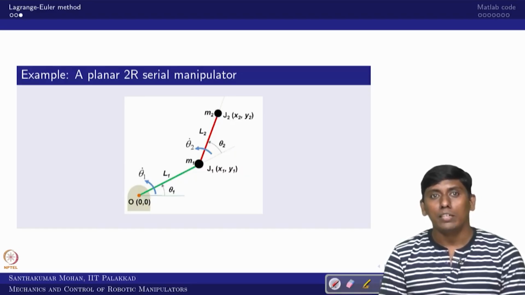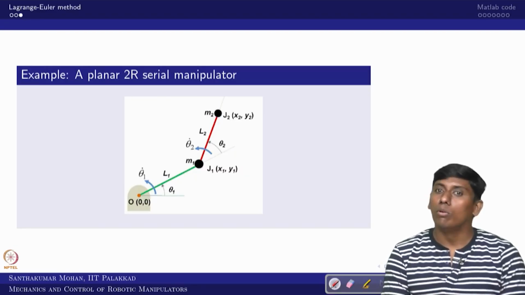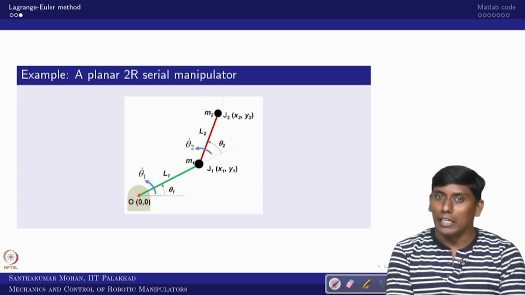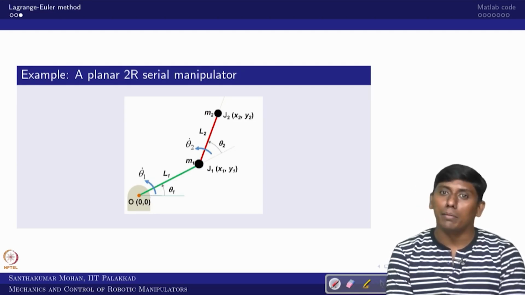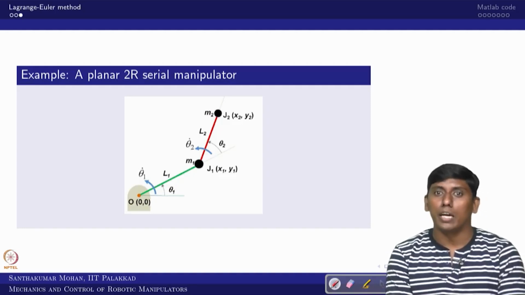Once we derive this, we go with the kinetic energy and potential energy. Once we obtain that, we take the partial derivative, then the time derivative, and we map the equation.